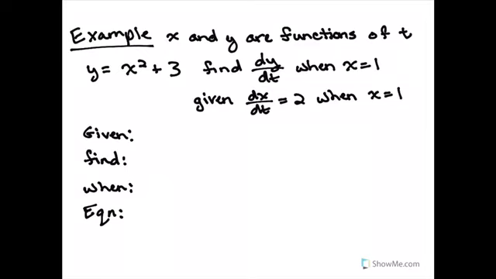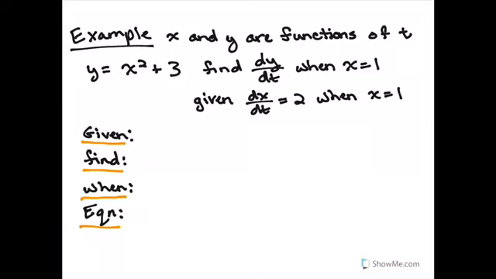I'm just straight up giving you the information that you're going to need to solve this problem. For every problem, in order to organize our information, we need 4 things. We need to know, what are we given? What are we being asked to find? When are we finding it? And what is the equation that relates all my variables?